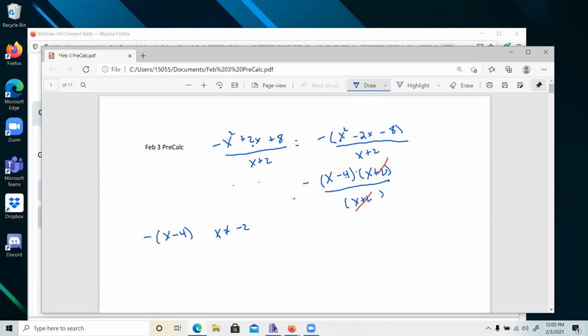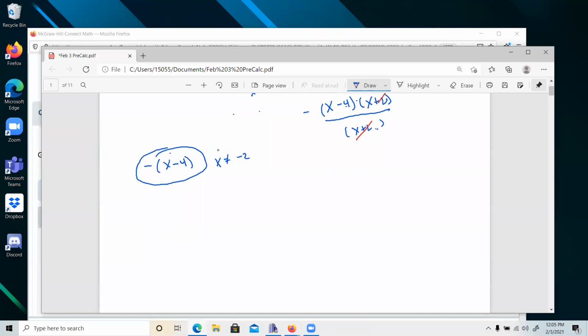So you don't have to go around and carry this whole function around anymore. You do have to remember that x can't be negative 2 because this was part of it, but this function is going to look like this thing. I am very confident that everybody that is ever going to watch this video can graph that line there.